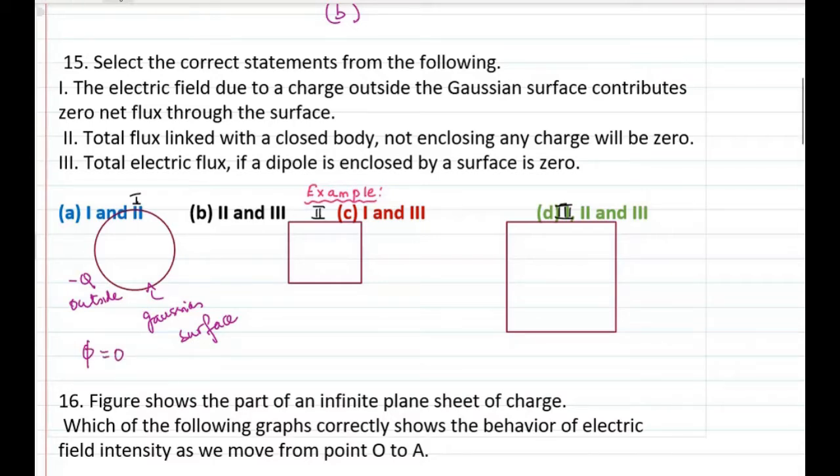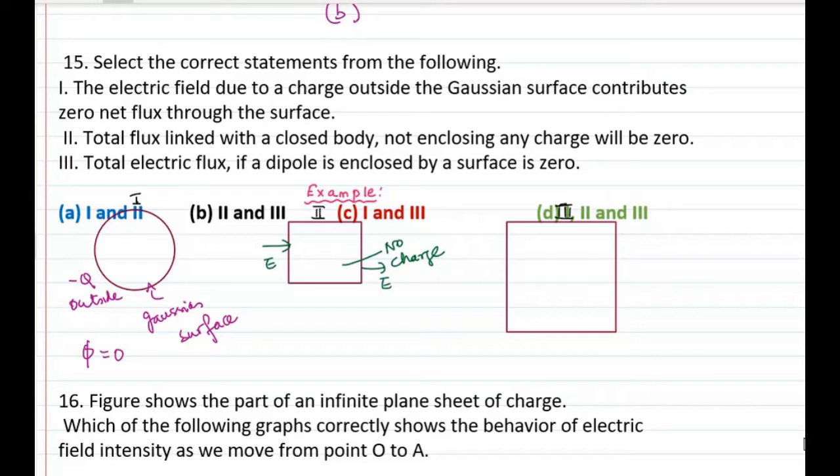For the second statement, the total flux linked with a closed body not enclosing any charge will be 0. Consider this is a closed surface, there is no charge inside. The electric field lines entering and leaving will be equal.